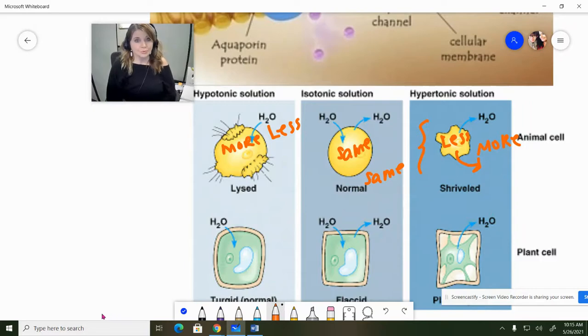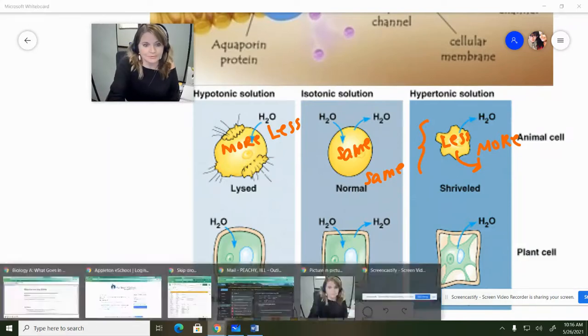Hypo means there's more on the inside and less on the outside. So the water will move in and cause the cell to expand. And hyper, we have the more on the outside. So we're actually looking at the solution itself.